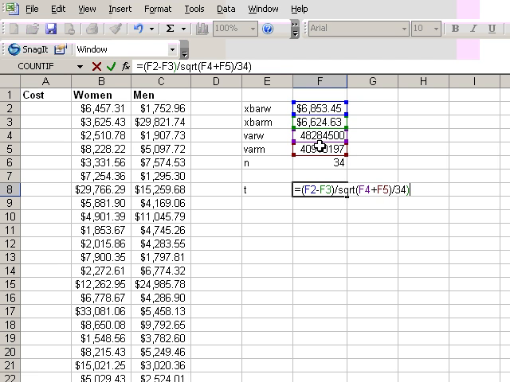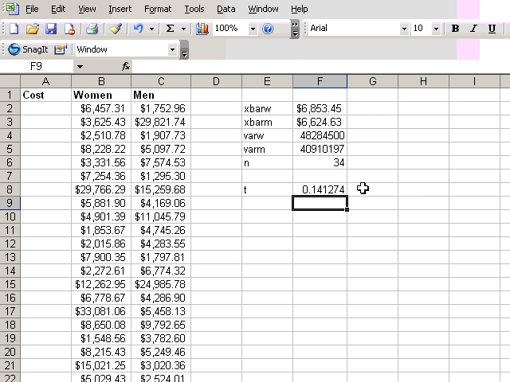And I'll have to put another parentheses around this term and the result I get is 0.14.